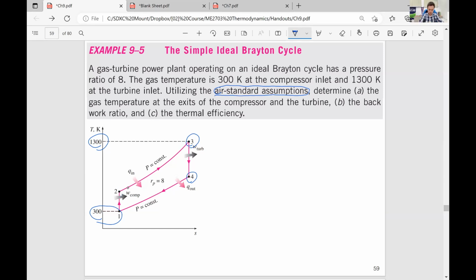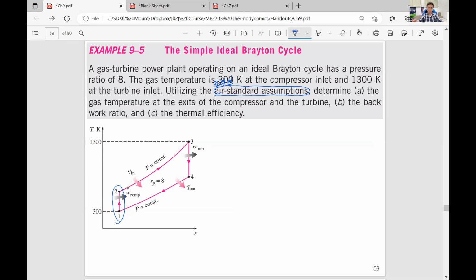First, from this diagram, 1 to 2 is isentropic compression. And don't forget, we are using just air standard assumptions. So for an ideal gas with variable specific heats, the pressure ratio will be the same as the relative pressure ratio, and relative pressure is a function of temperature only. As long as you know the temperature, you know the relative pressure, or vice versa.